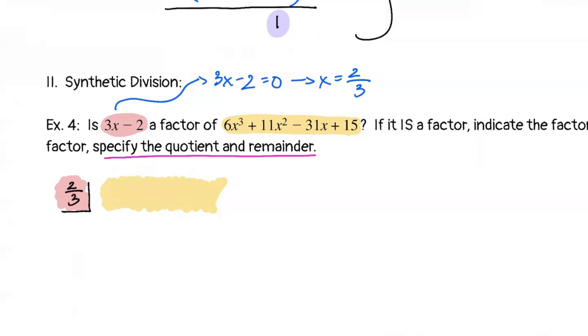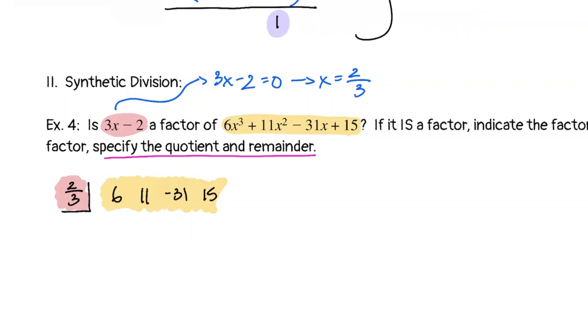Now we're going to look at our dividend and we're going to pick only the numbers and their sign. And we get this 6, leave a little space, 11, leave a little space, -31, leave a little space, 15.